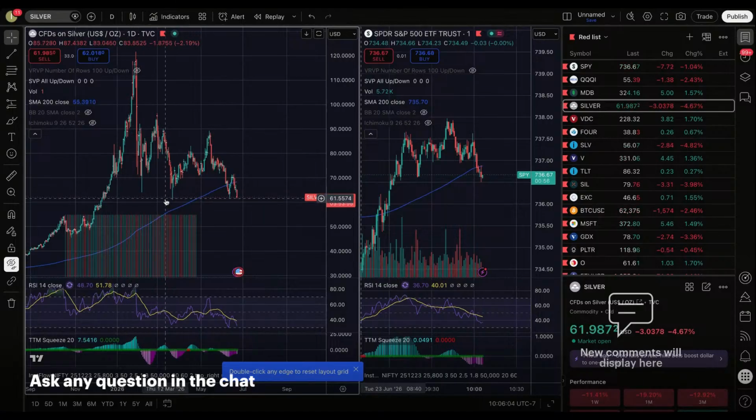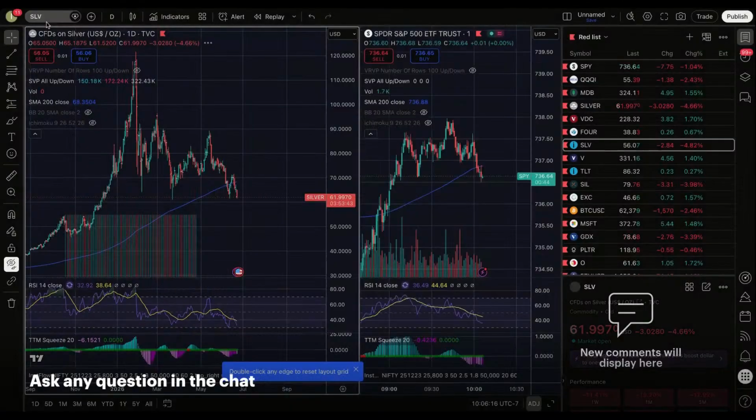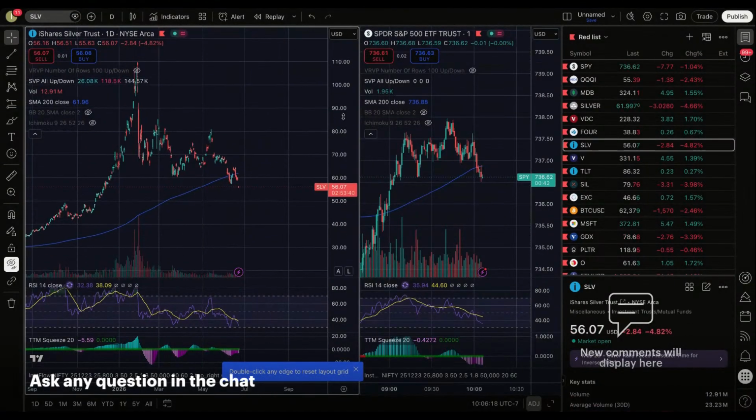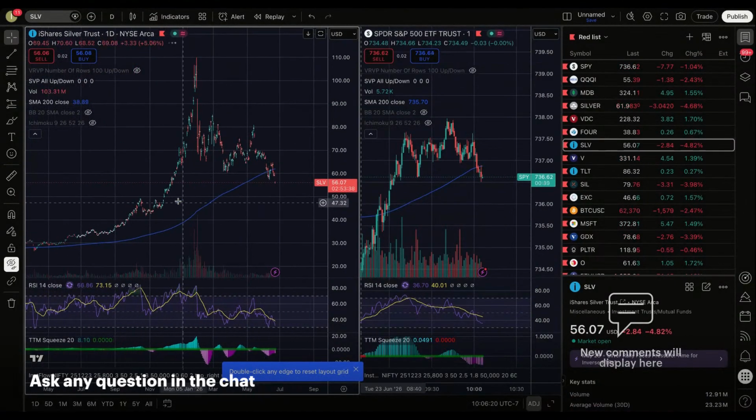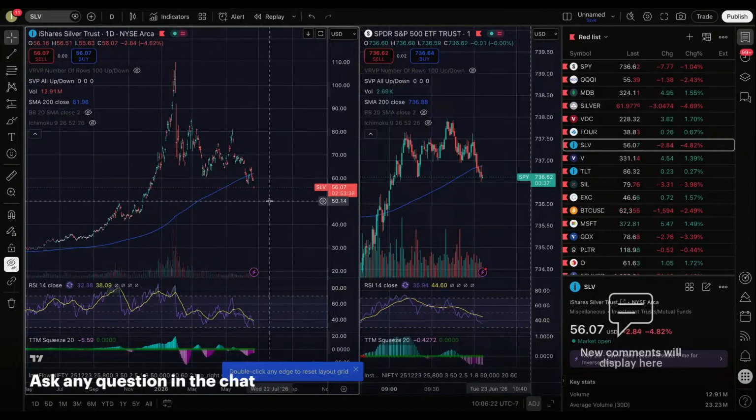This is a crucial level that we should be watching, the 61 to 62 levels. But then the next support level is obvious, around $55 on the actual silver. On the SLV, which has options and equities, this translates to a $50 support zone.